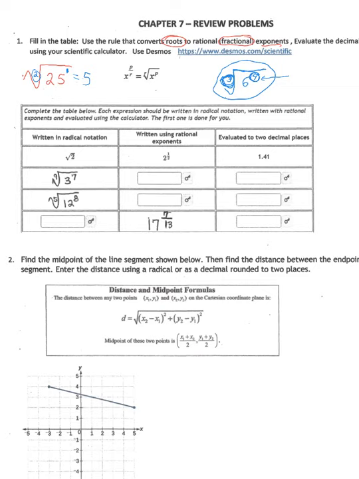So we have this rule here that allows you to convert the power over the root. I'm going to convert it so that the root is where we saw it before, in the squiggly piece of the radical.